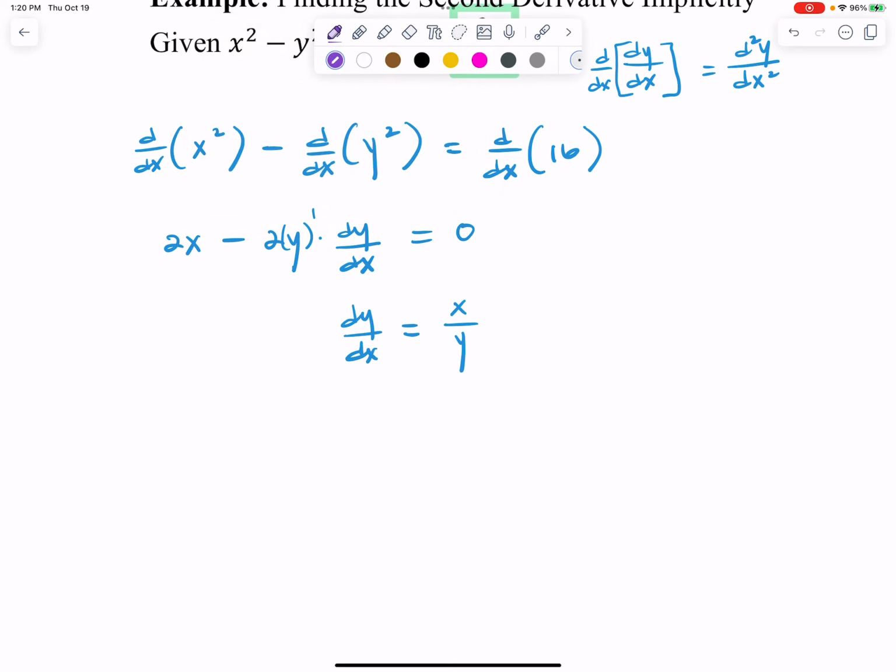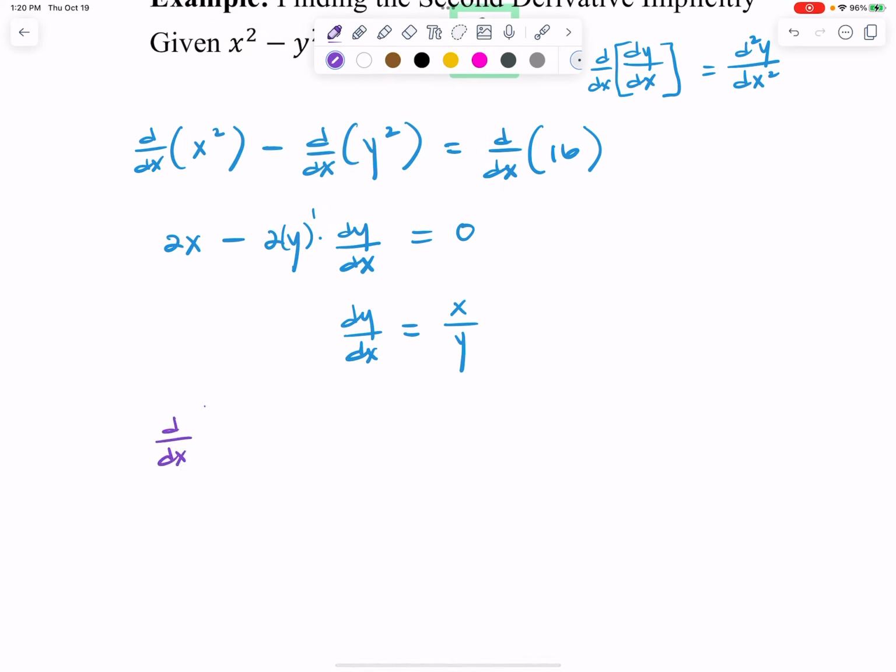So then when we want to find the derivative of our first derivative, which will give us our second derivative, I'm using implicit differentiation again because dy over dx is in terms of x and y. So the derivative of dy over dx with respect to x, well, that is our second derivative.